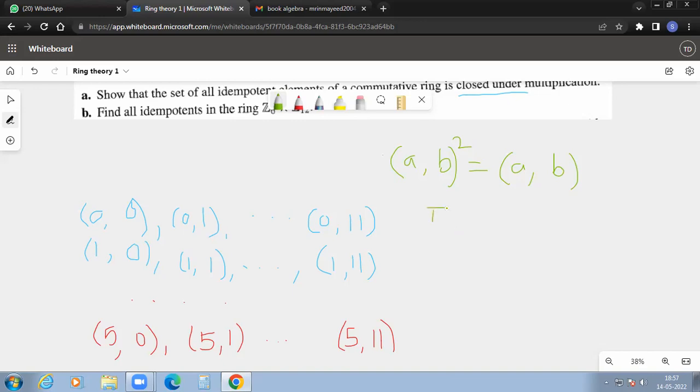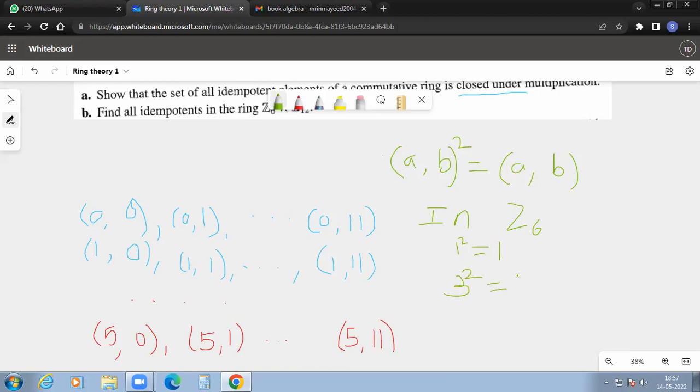In Z6, what are idempotent elements? You have seen this under congruence relation in the chapter of integers. So 1 square is 1, I know. 2 square is 4, so it is not idempotent. 3 square is 9 divided by 6, remainder is 3.